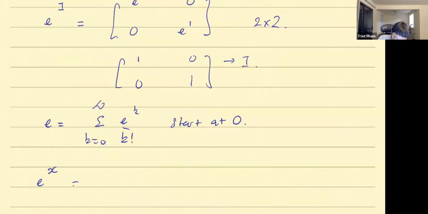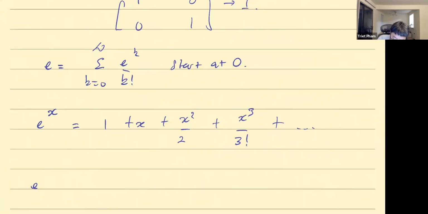E to the x, right, is 1 plus x plus x squared over 2 plus x cubed over 3 factorial, right? So you see, that's why it's confusing, because when you do e to the 1, you pick up two 1 terms. But it really starts at 0. It doesn't start at 1. 1 is the first power. Any other question?